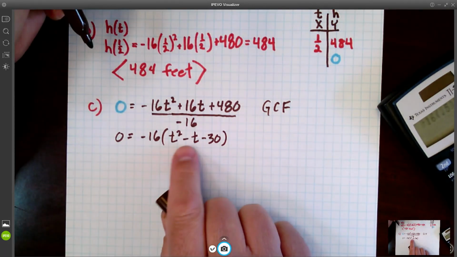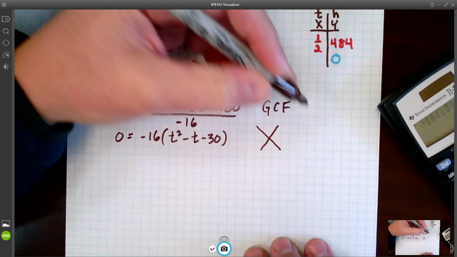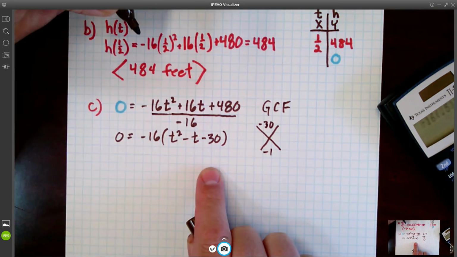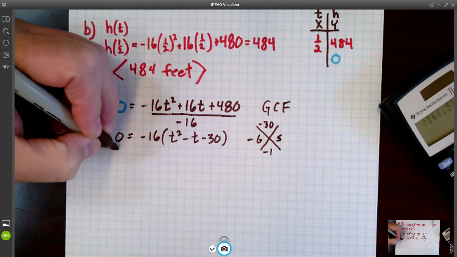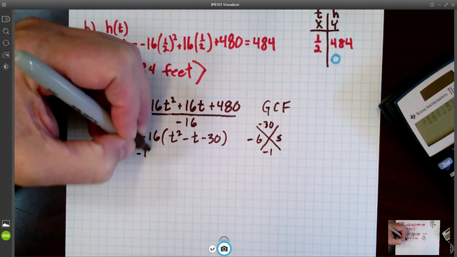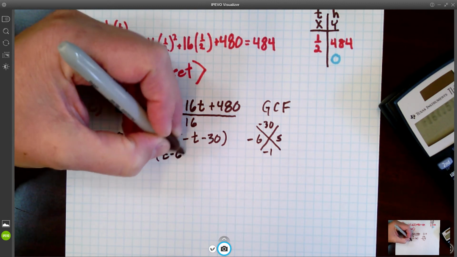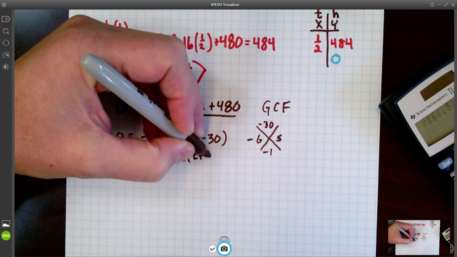Now I've got that factored out, and I use the diamond problem. What are factors of the third term that add to the middle term? 6 and negative 5. So the zero product property says negative 16 is equal to t minus 6 times the quantity t plus 5.